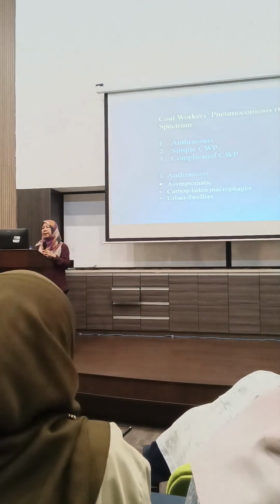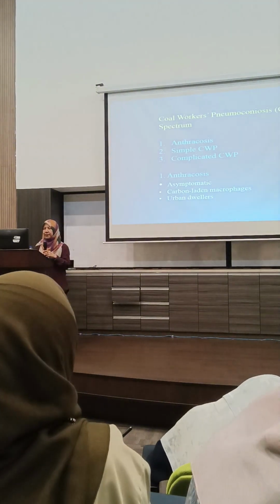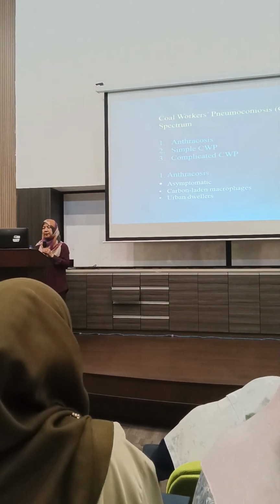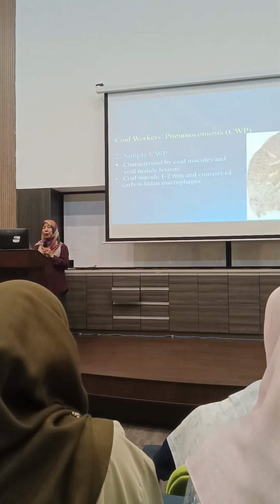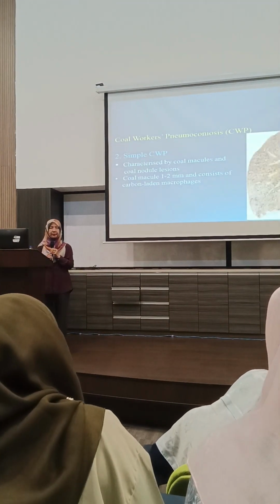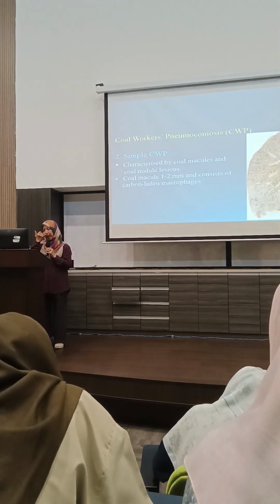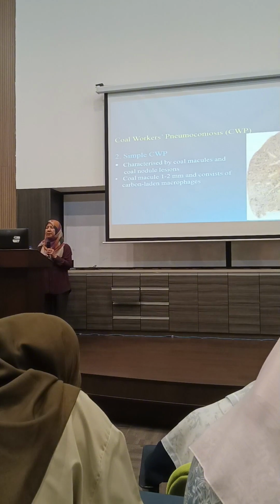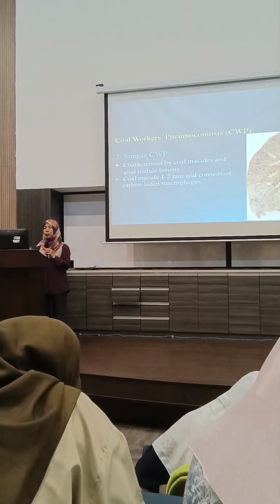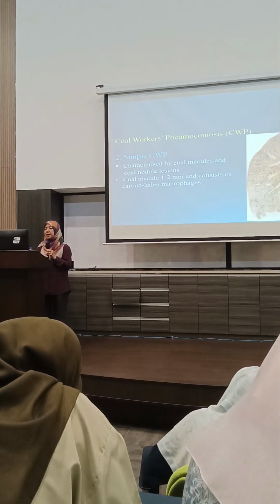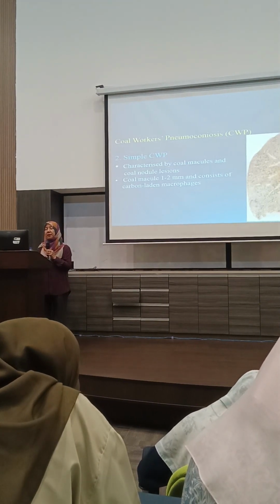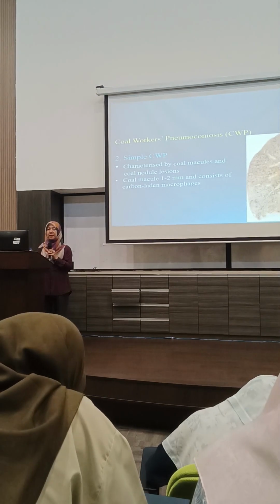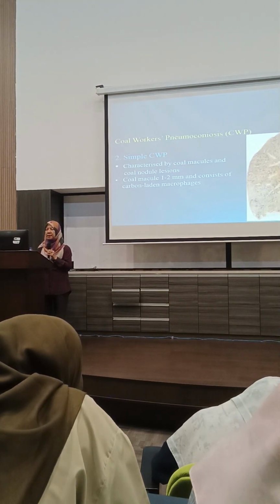This is called anthracosis. Okay, remember the terms. Anthracosis. You all have anthracosis. Then secondly, the simple CWP, coal workers' pneumoconiosis. These are coal workers. They are miners. They work in the coal mines.